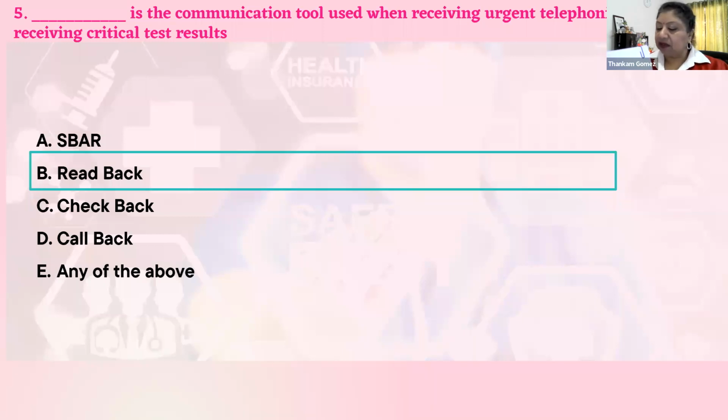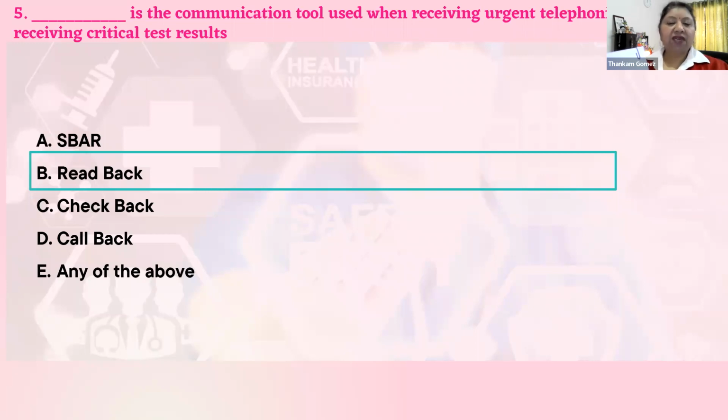I write tab Lasix 40 milligram stat oral, PO. I'll say, sir, let me repeat the order that you have given me. You have given the order for Mr. Balram, UHID so and so, and it is tablet Lasix 40 milligrams stat oral. Is that correct? Doctor will say yes. And then you can sign it off as per the protocol.